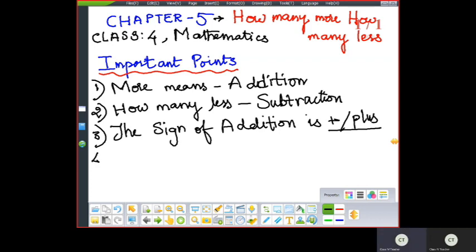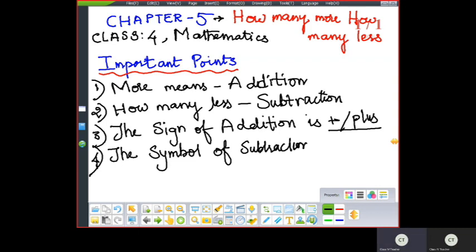So next one, what is the sign or symbol of subtraction? The symbol of subtraction is minus. Yes or no? Everybody is aware. Minus. So this is the common point which you will be knowing.